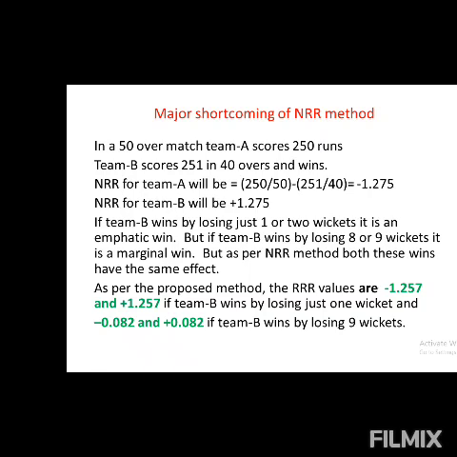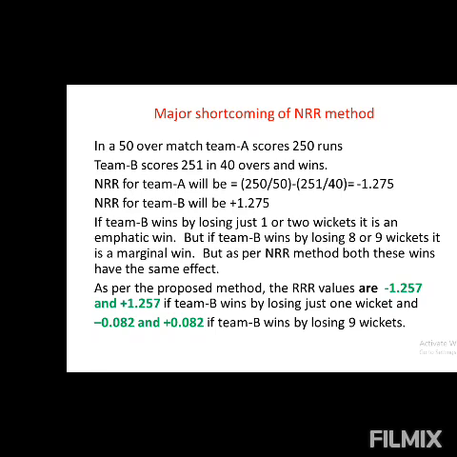It's a big difference. If Team B has posted this victory by losing just 1 or 2 wickets, yes, it is a big win and that justifies this big difference in run ratio.